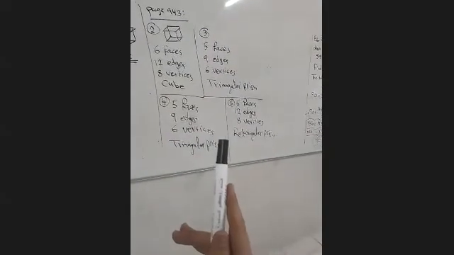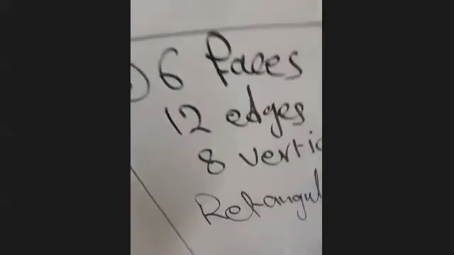This is question 5. Questions 6 and 7 I will solve quickly because I'm running out of time. Question 6. We have a building. Look at the building, guys. Inside these red lines, it is a rectangular prism. In your book, see it.